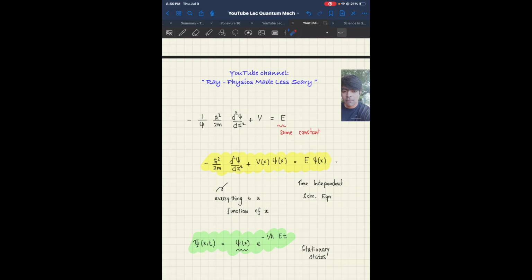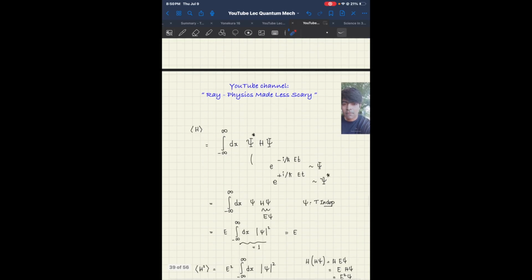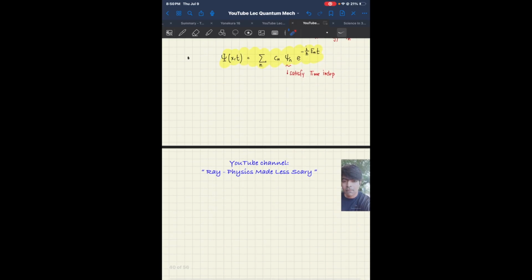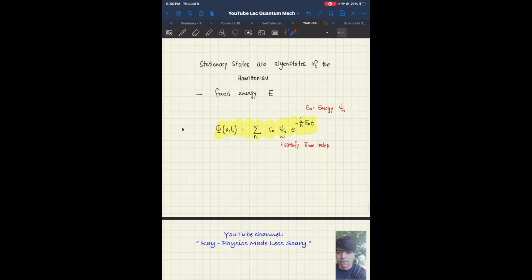So the goal would be to solve for all such psi's, multiple psi's corresponding to multiple E n's, and take this linear superposition. And this would be the general solution of your Schrodinger equation.